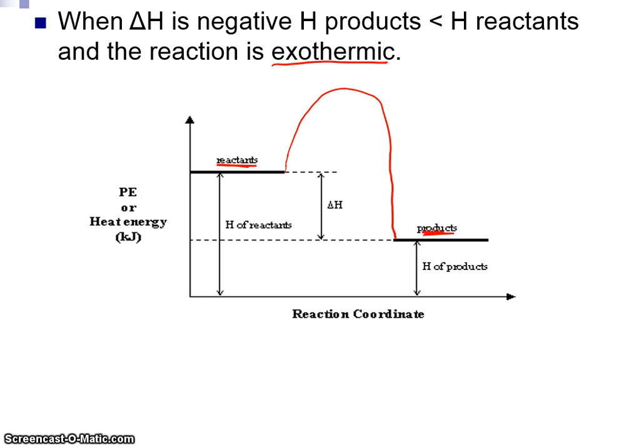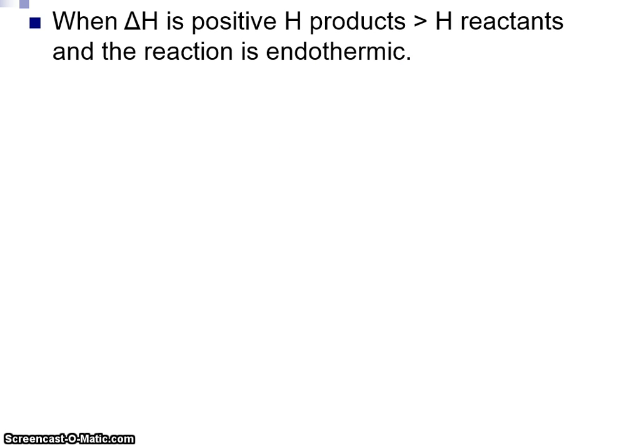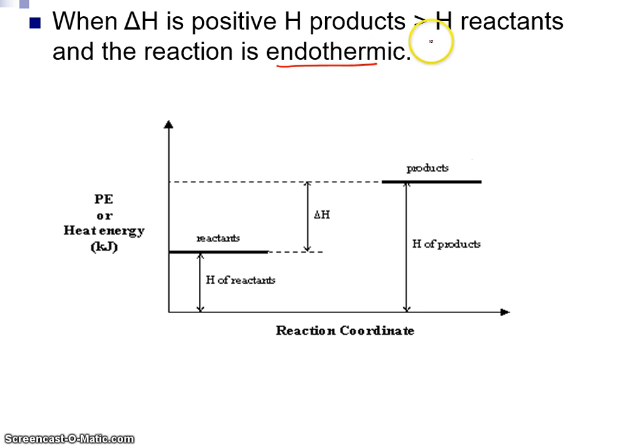And we really only looked at it in that sense, because we can also have a reaction that looks like this. When the delta H is positive, the enthalpy of the products is greater than the enthalpy of the reactants, and the reaction is therefore endothermic. All these terms that we know already, we label that one as positive. And so here we have the same reaction coordinate that we have here.